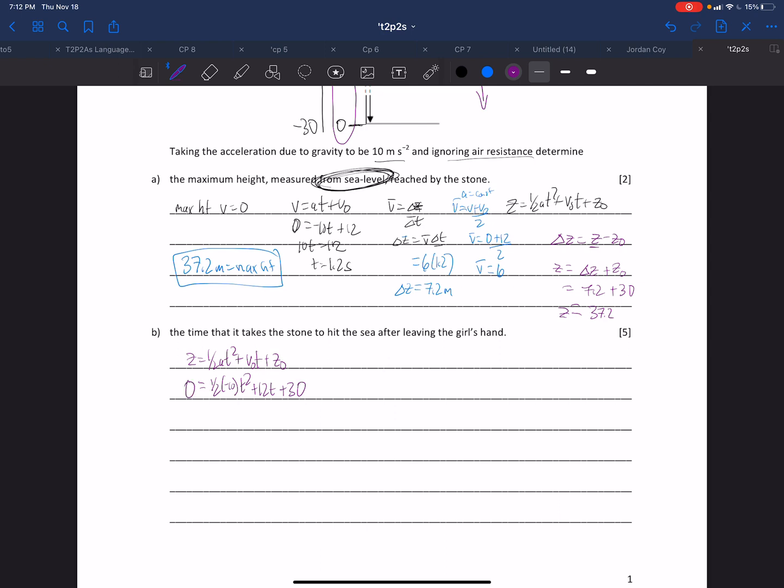And we want to know when that is equal to 0. So 0 then is minus 5t squared plus 12t plus 30. And now we have to solve this quadratic for t.